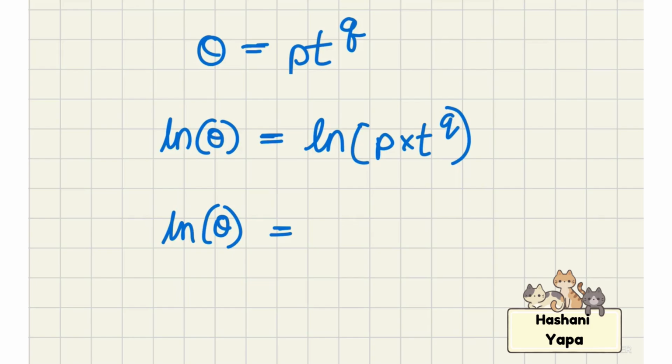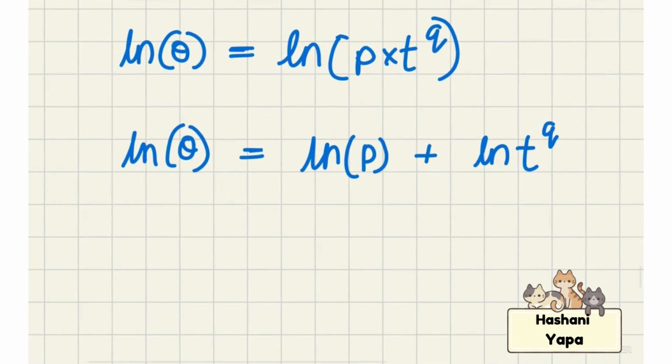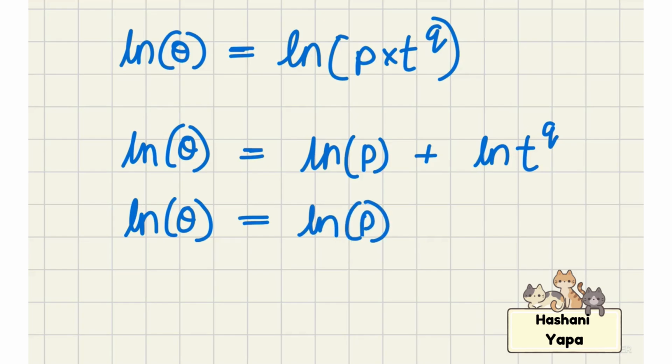If you have a multiplication here, that means you can write it as an addition: ln p plus ln t to the power q. So we have ln theta equals ln p plus, from the log rules, if you have a power like this, you can bring the power to the front, q ln t.